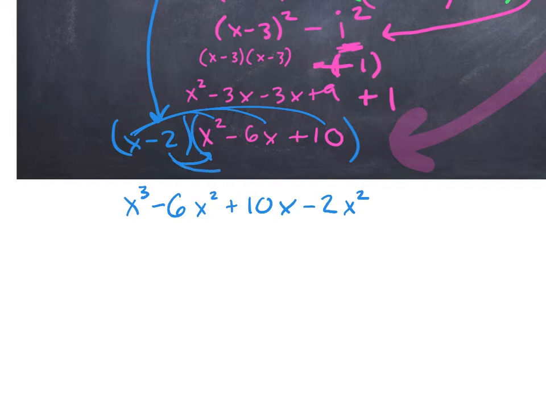Thank you. And -2 times -6x. 12x. And -2 times 10. -20. Awesome. And our last step is just simplify and combine like terms. So we have only one cubed term, so we start with x cubed. What comes next?